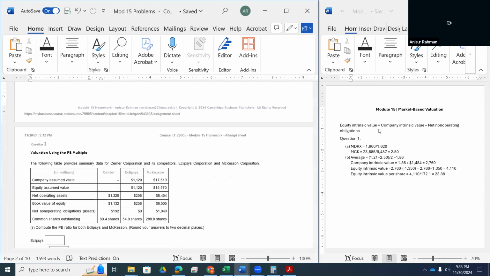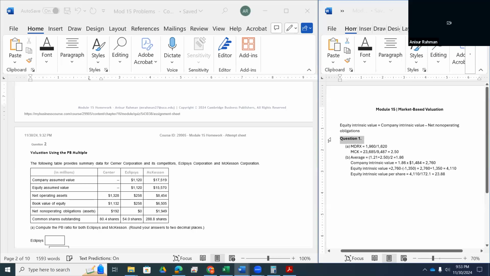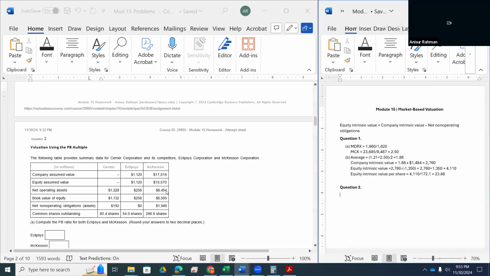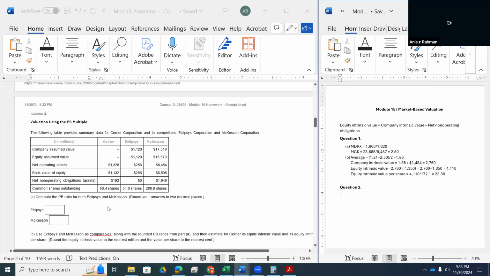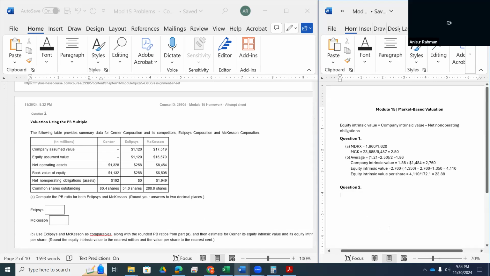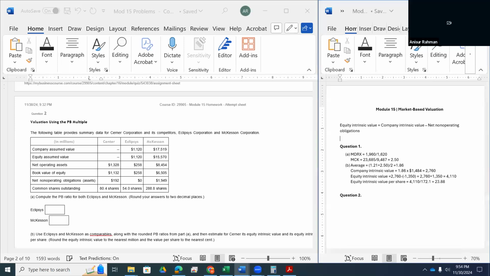Now question 2. So what we have to do, we have to compute PB ratio. So PB ratio means, so your PB is equal to price per share.